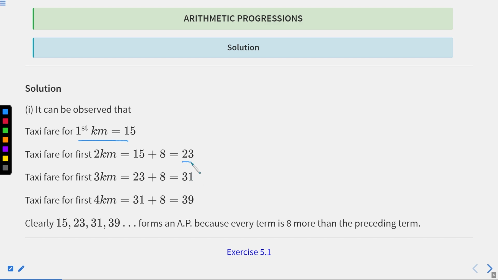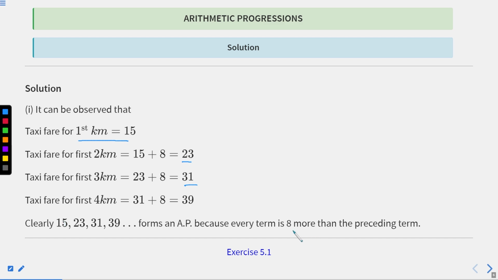The taxi fare for the first 3 kilometers is 23 plus 8, which is equal to 31, and the taxi fare for the first 4 kilometers is 31 plus 8, which is equal to 39.